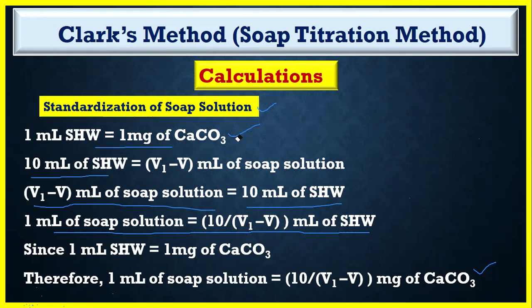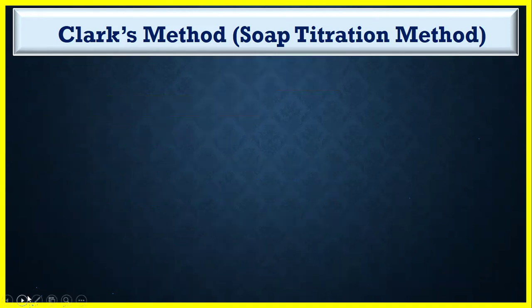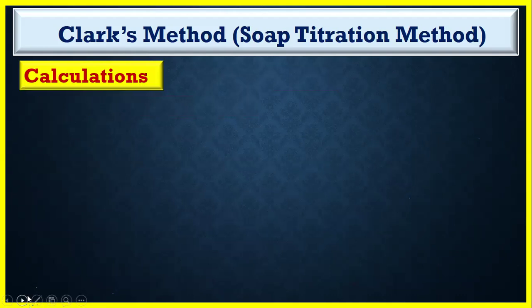So this is the very important terminology we have just derived: the amount of calcium carbonate equivalent for each ml of the soap solution. Now coming to the next part of our calculation, that is the determination of total hardness.